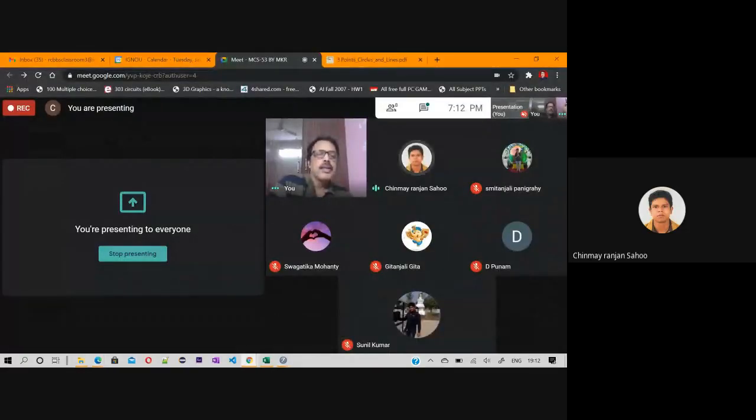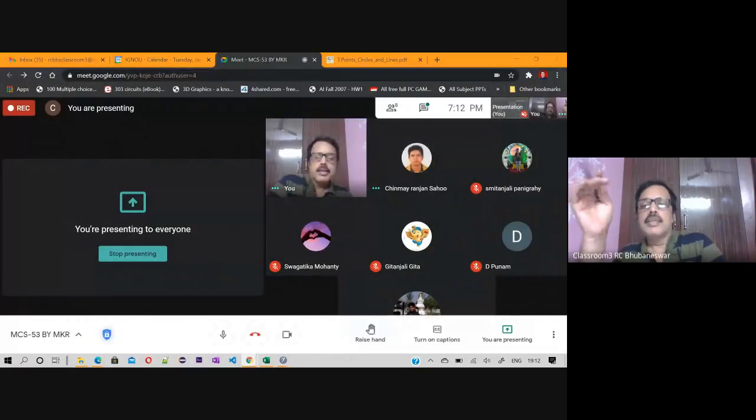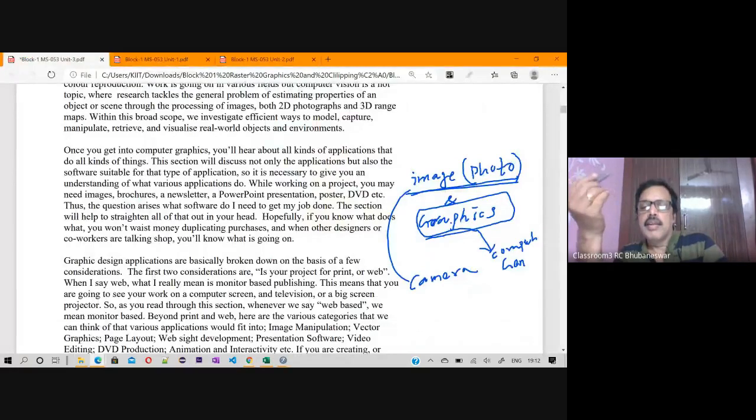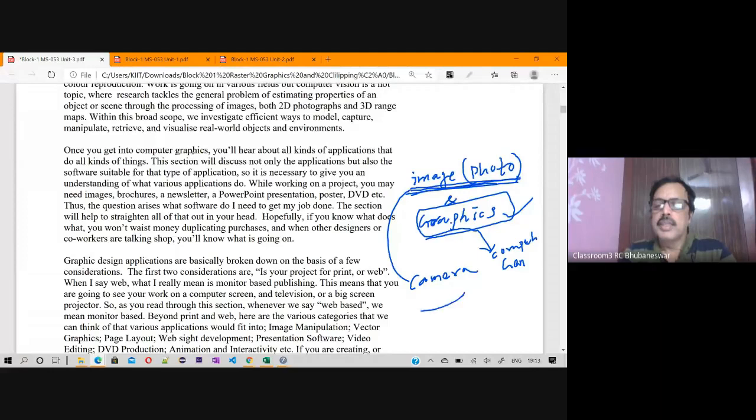Images are captured by camera and graphics are generated by a program. Like in Paint, when we are writing or drawing something, that is called graphics. But whenever you capture a photo by a camera, or with a scanner, you are capturing images. Are you getting the difference now?